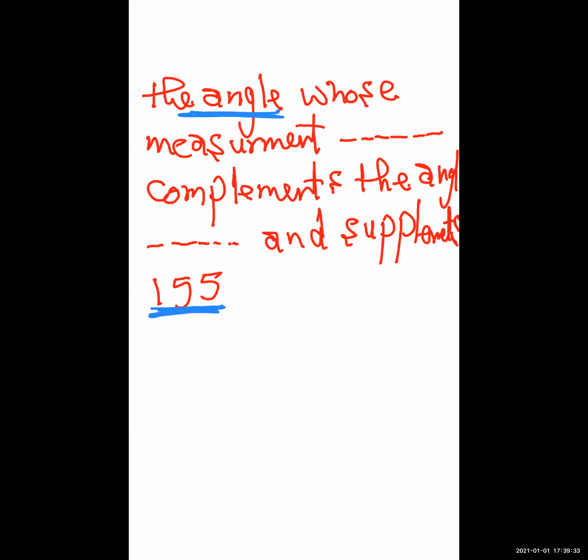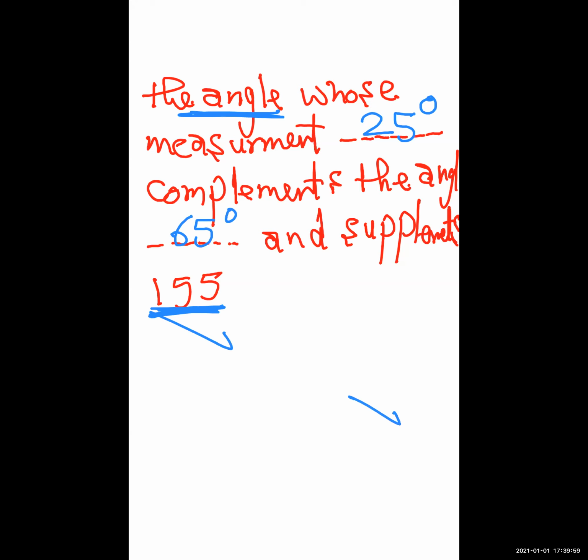The angle whose measurement is 25 supplements 155 and complements the angle of measurement 90 minus 25, which is 65. So the angle whose measurement is 25 complements the angle of measurement 65 and supplements the angle of 155.